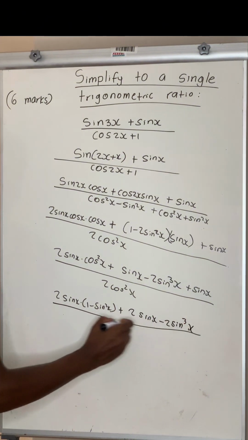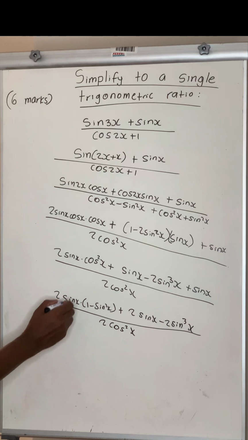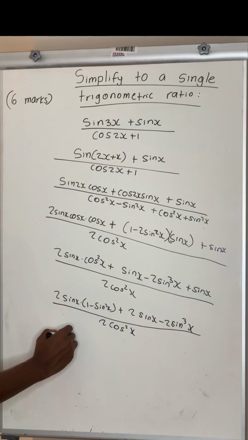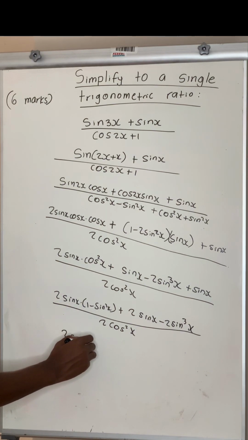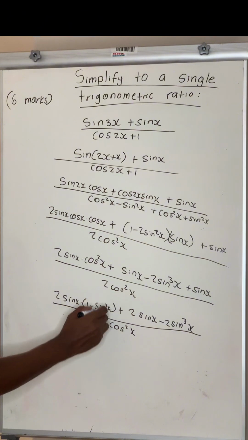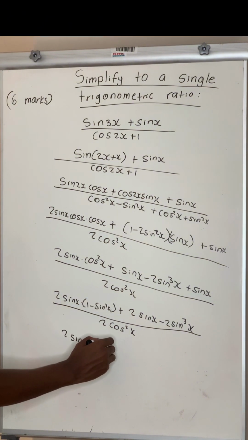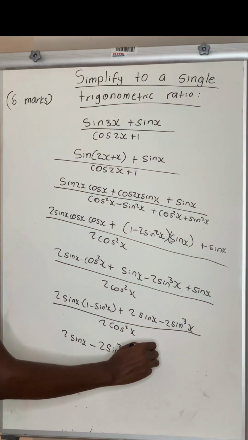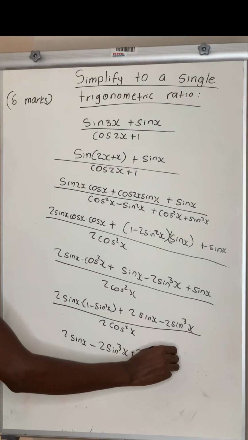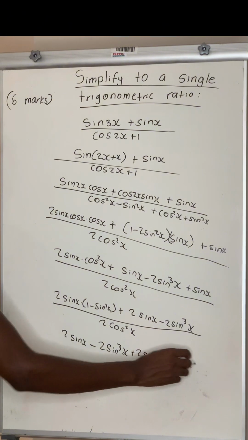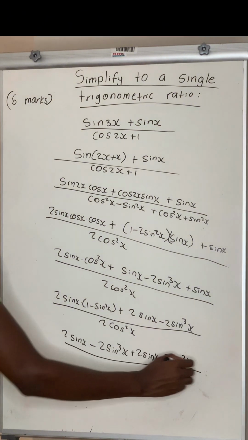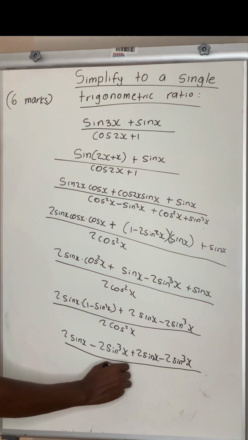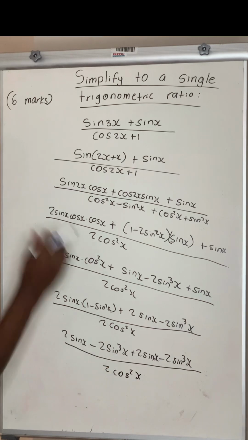Divide all of that by 2 cos squared x. 2 sine x times 1, that is 2 sine x minus 2 sine x times negative sine squared x, that is negative 2 sine cubed x plus 2 sine x minus 2 sine cubed x. Divide all of that by 2 cos squared x.